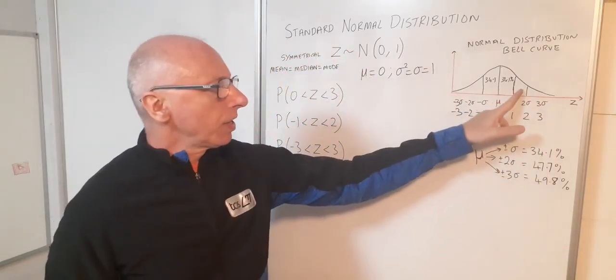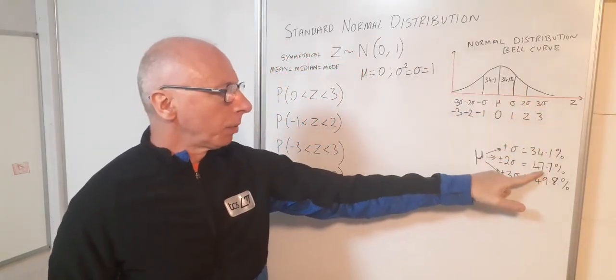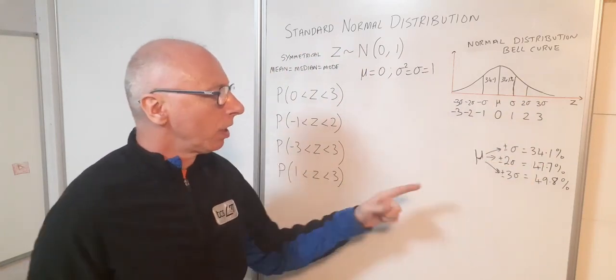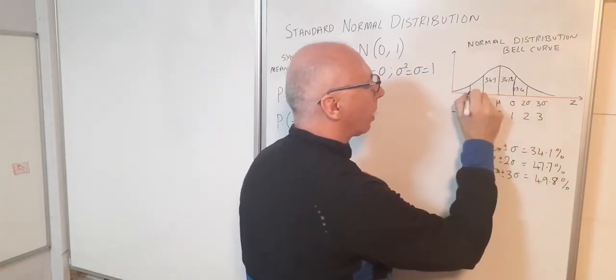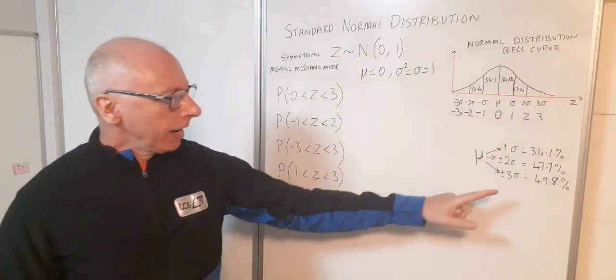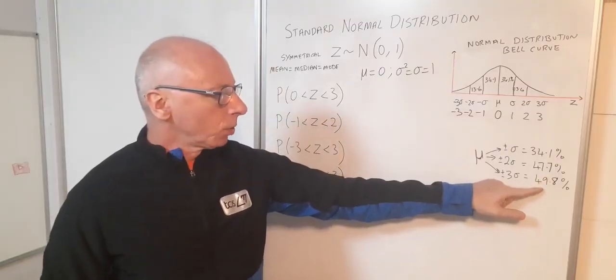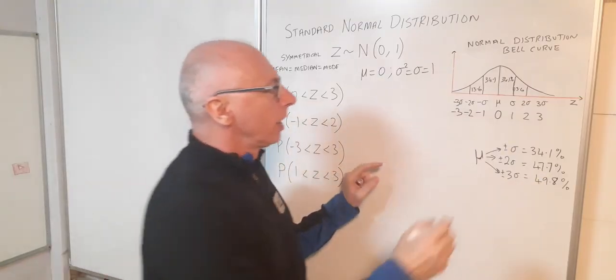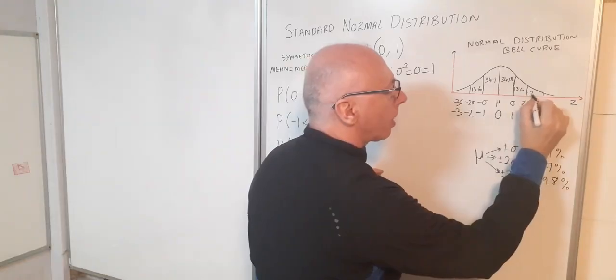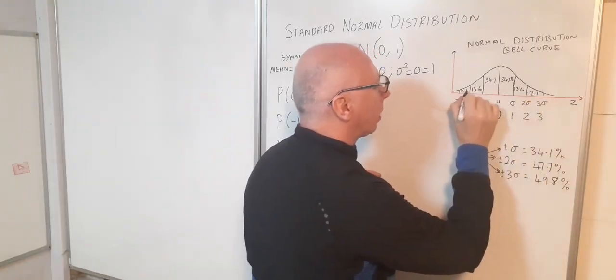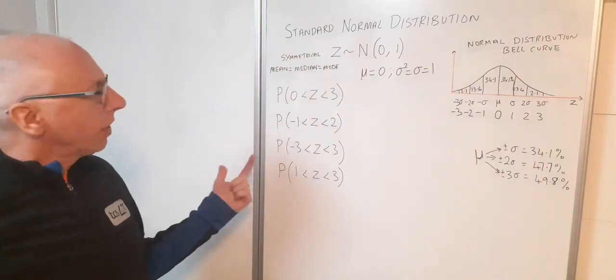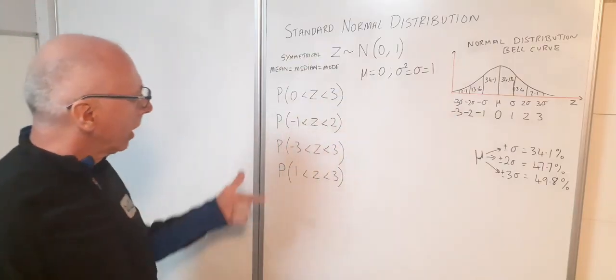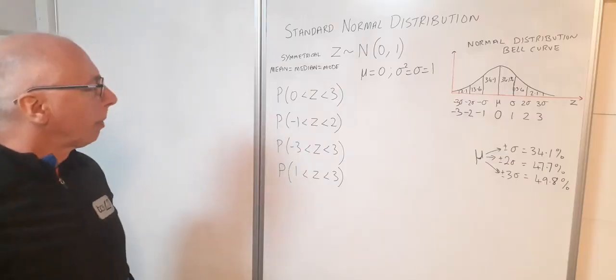So the area under this segment will be 47.7 minus 34.1, which is 13.6. And likewise for here with -2 standard deviations. And the last bit will just be the difference between those, which is 2.1. So that will be the area under the curve in this bit. That's 2.1% and 2.1%.